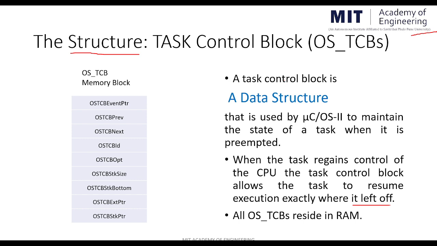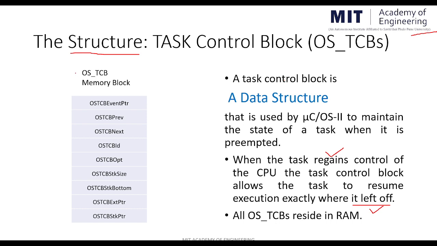It means we keep the state in mind that we have to start from page number 21. Similarly here, the task control block keeps track of where the task left off and where the task regains control of the CPU. Hence the structure is very essential to keep that track.